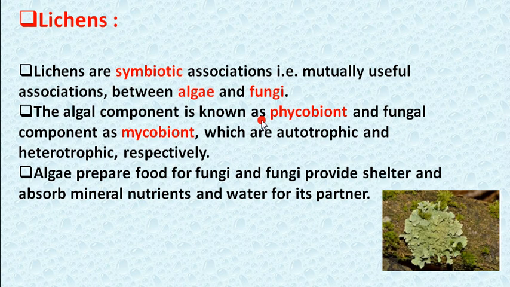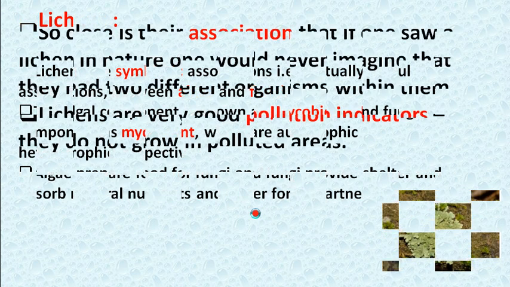This is very important. Algae prepare the food for fungi, and fungi provide shelter and absorb mineral nutrients and water for their partner. See how the two work together: algae prepare the food and fungi absorb the water, nutrition, etc. for the algae. So this is the symbiotic relationship between algae and fungi.